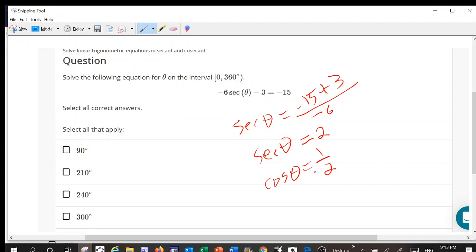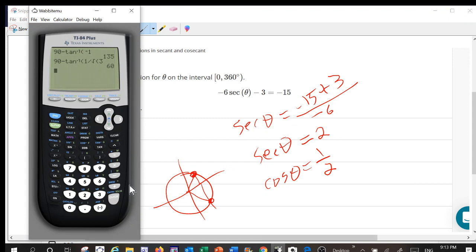So from 0 to 360, when is cosine 1/2? Here and here. And again, you can use the calculator to get this. If you don't remember, again, cosine inverse of 1/2 is going to be 60.